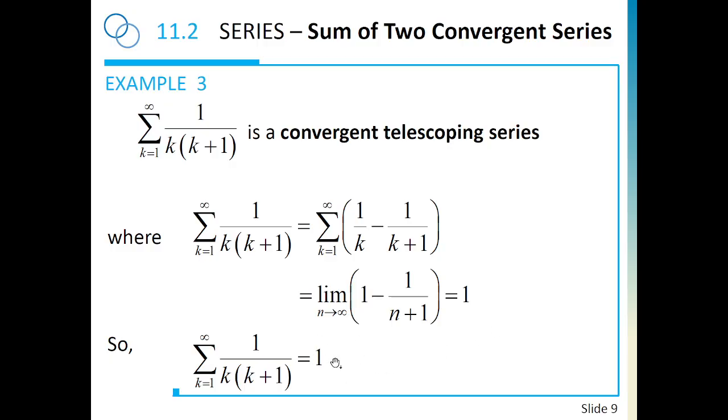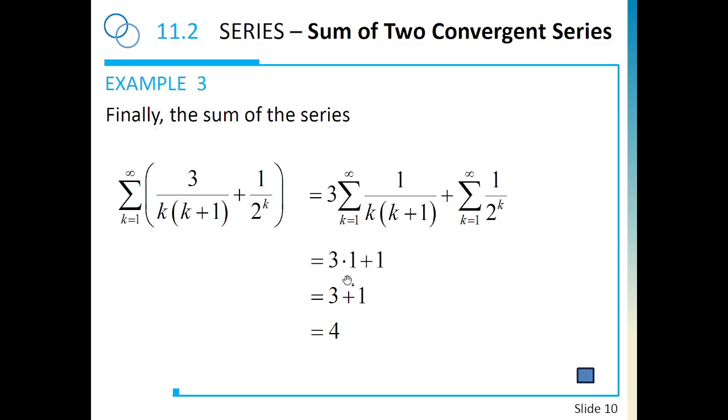So we have two converging series. Now we put everything together. The first series had a 3 in front, so we don't forget that part. So 3 times 1, which is the sum of that series, plus the sum of the series here, which is 1 also. So at the end, the sum of this combined series is 4.